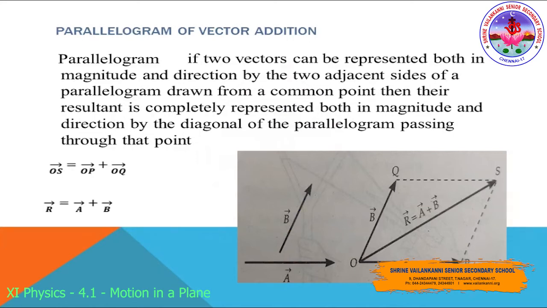Draw vector OP equal and parallel to A, and vector OQ equal and parallel to B. Now complete the parallelogram OPSQ. According to the parallelogram law, the diagonal OS gives the resultant R vector, so R is equal to A vector plus B vector, or OS is equal to OP vector plus OQ vector. Got it?